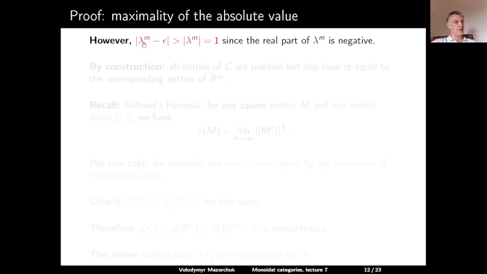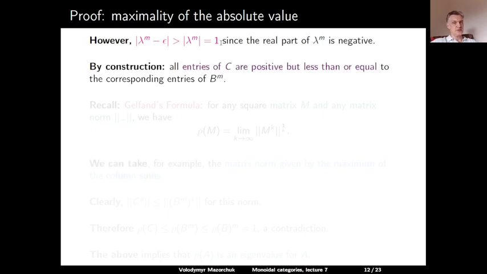Therefore, the absolute value of lambda to the power m minus epsilon is greater than the absolute value of lambda to the power m, which is 1. This means that the matrix C has an eigenvalue whose absolute value is strictly greater than 1.